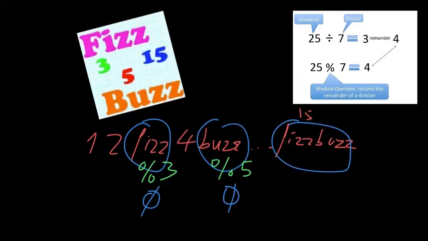And then Fizzbuzz, modulo 3 and modulo 5, 2 conditions, should have no remainders. So this is where we can use a bit of logic to create some conditions.